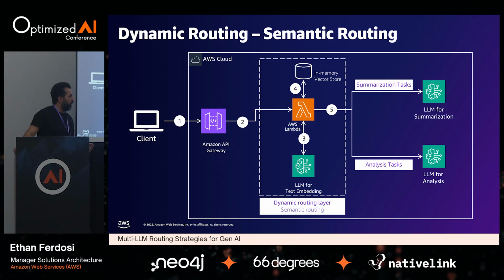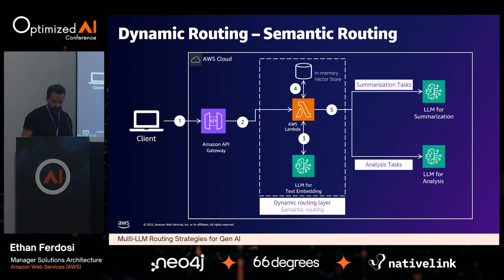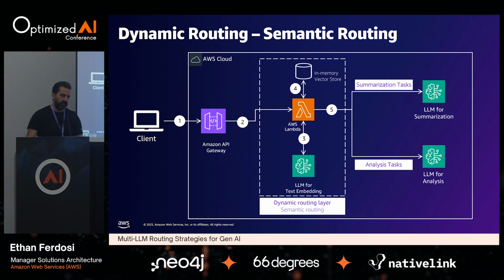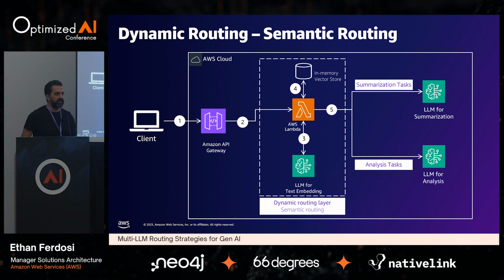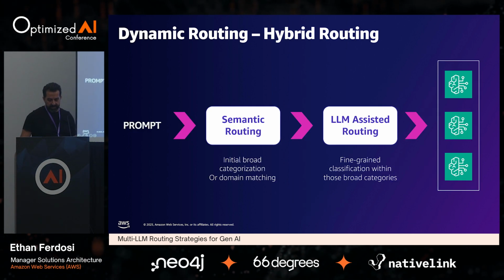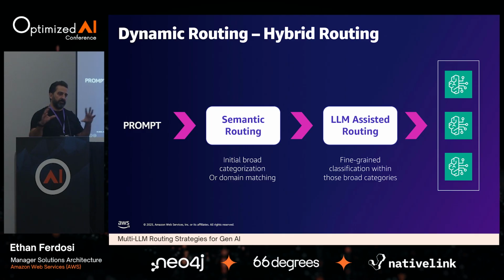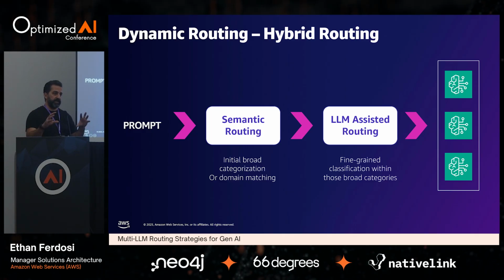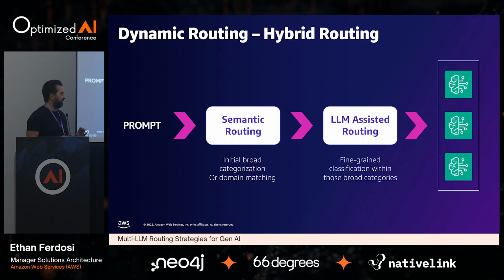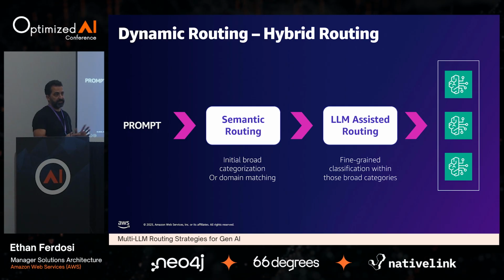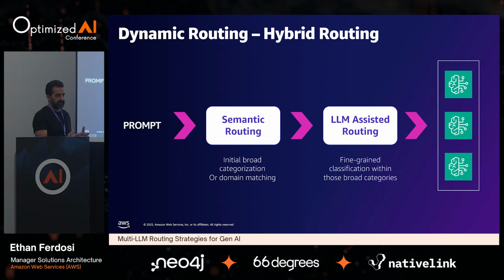And what I've seen most of the teams that I'm working with doing is taking a hybrid approach. By that, it means that they use a combined version of these routing algorithms. When the prompt comes in, they first route it to an LLM for classification, for the semantic search.